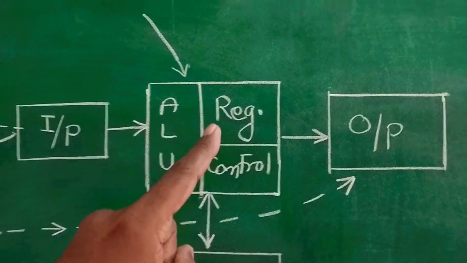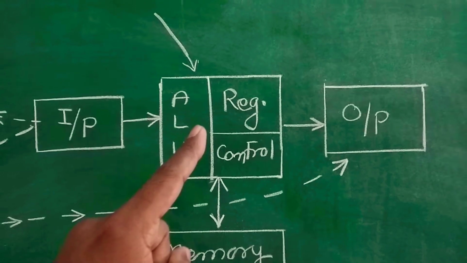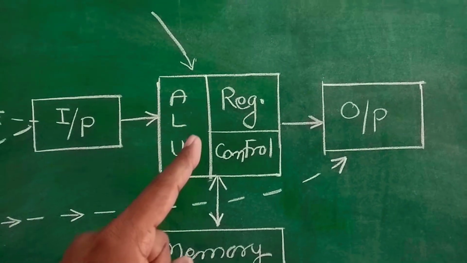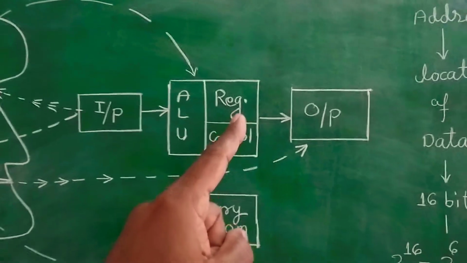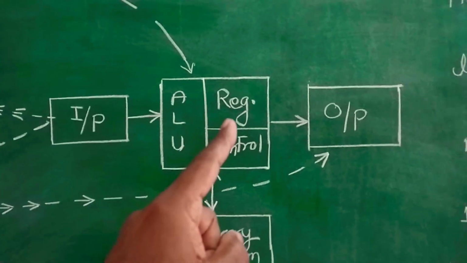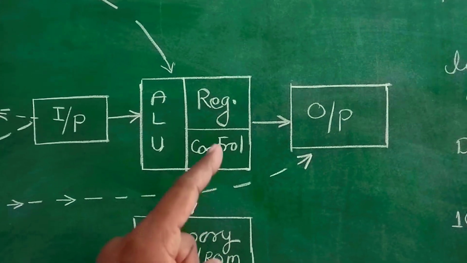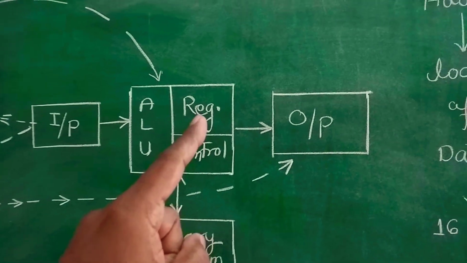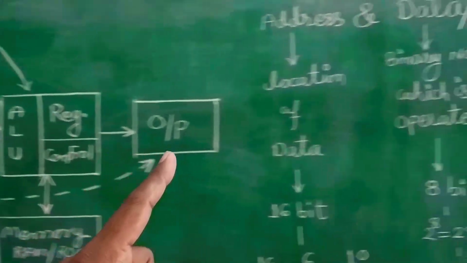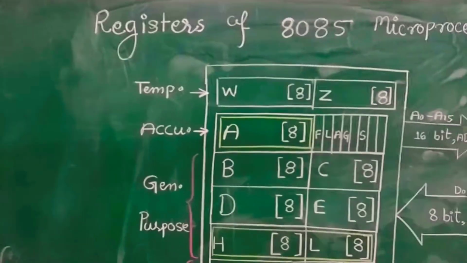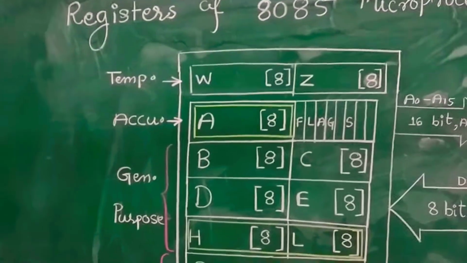The operation may be an arithmetic operation or a logical operation, which is performed by the ALU. So today we are concentrating on the different registers of the 8085 microprocessor. By understanding these registers, we will understand the basic programming technique.